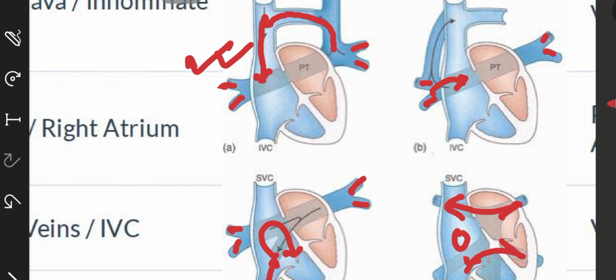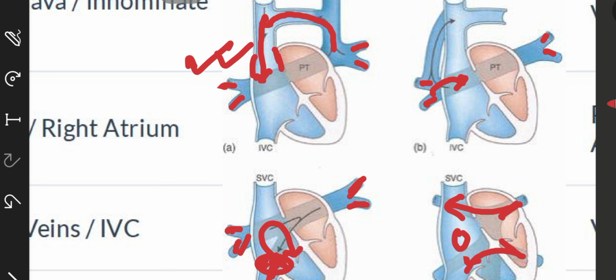Supracardiac is most of the time non-obstructive. That means there is no obstruction of the blood circulation. But the infracardiac type is mostly obstructive. That means there is a stenosis. All the blood from the pulmonary veins which drain into the IVC will not drain properly into the right atrium because there is an obstruction and a stenosis.